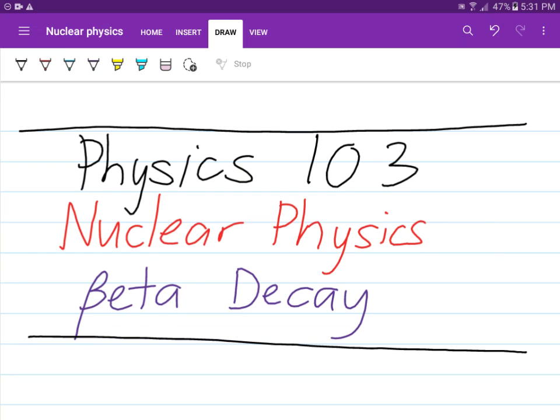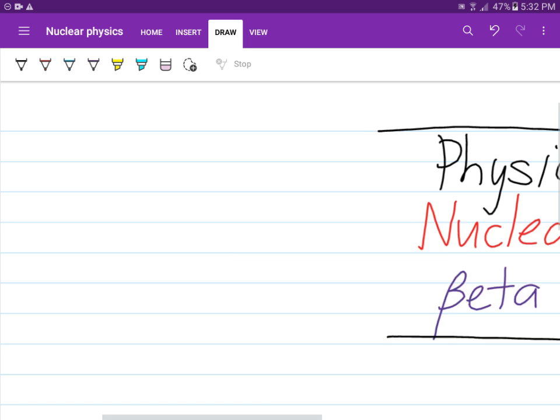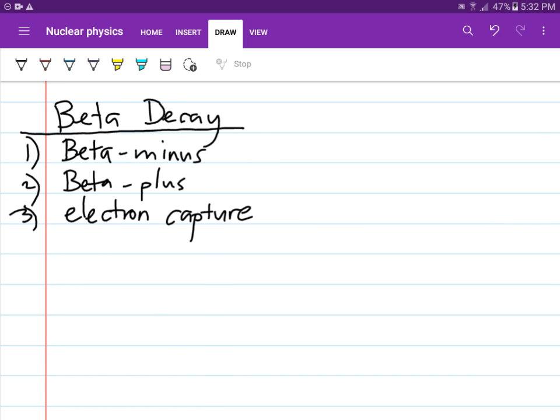This is on nuclear physics, and here we are going to learn about the second type of radioactive decay, which is beta decay. So beta decay has three kinds. You have beta minus, beta plus, and electron capture.